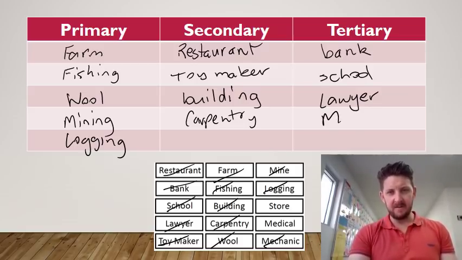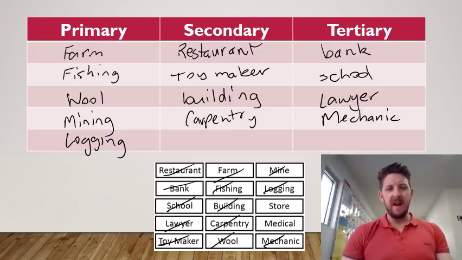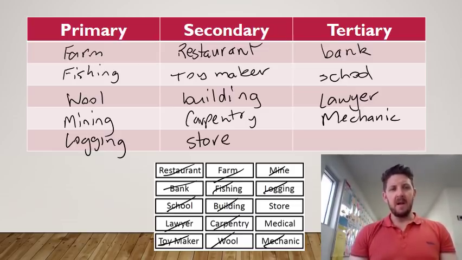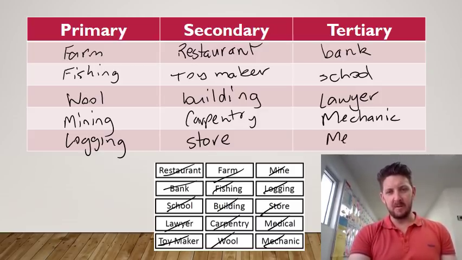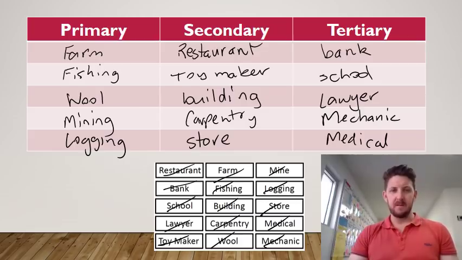I'm going to go down. Okay, now we're left with our last two. We've got medical needs and a store. Well, a store takes our primary goods and the packaged goods and sells them to us. And then we have medical needs. So we're going to put the medical ones in here. So like doctors, nurses, paramedics.